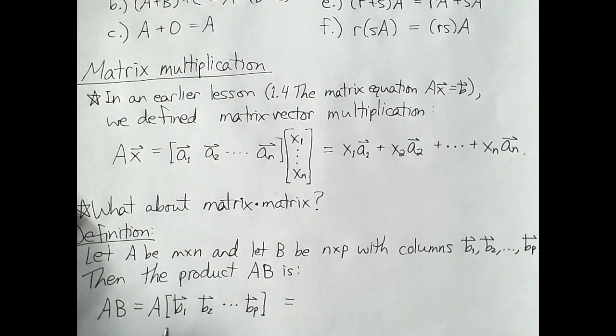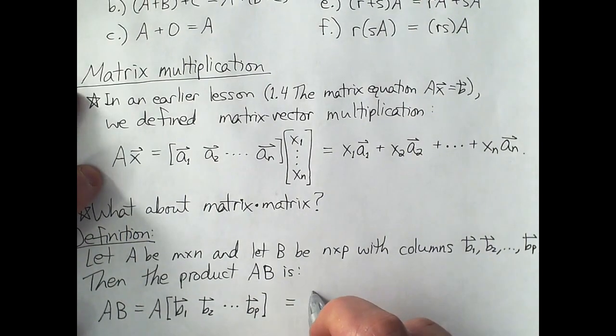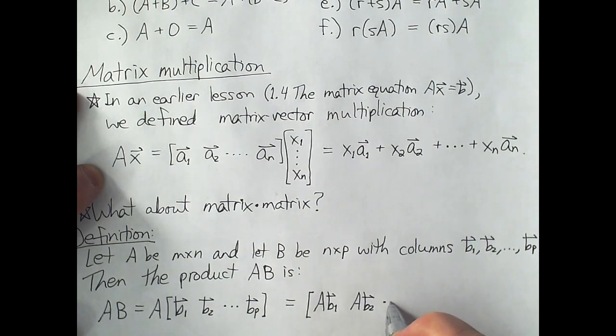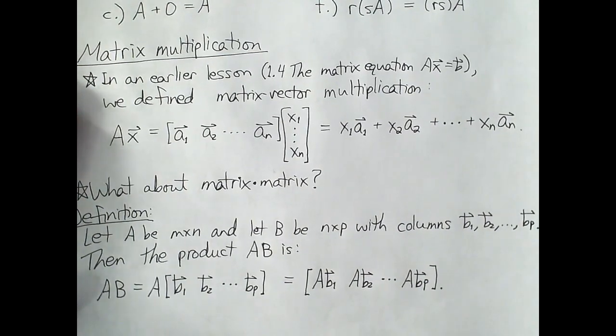So far, I haven't really said anything surprising yet, right? All I've done is rewrite B as a list of all of its columns. But what we're going to say now is it's going to equal AB1, AB2, dot, dot, dot, all the way up to ABP. Period. That is the definition of how to multiply a matrix A times a matrix B.